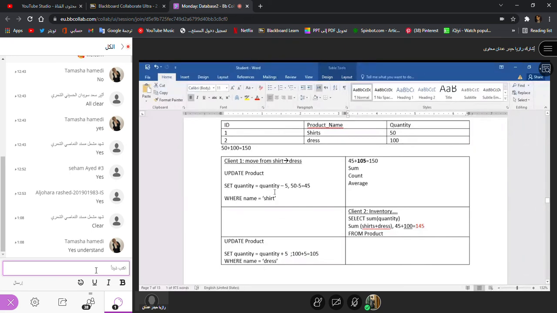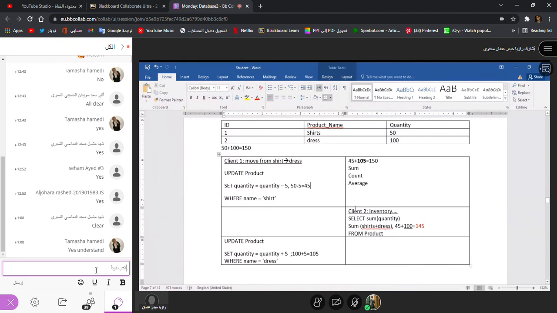Now take the values. So we are saying update the product where name is shirt. So we go to the shirt row, and then what we have to change, quantity. So quantity is 50. So quantity 50 minus 5 is equal to 45. Right? This is all good.